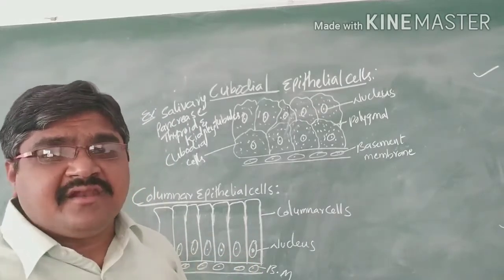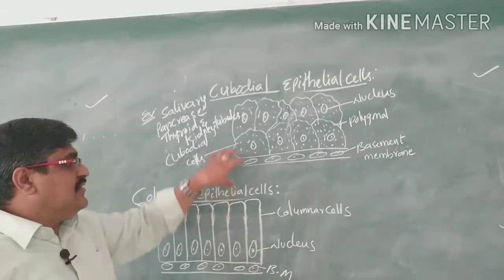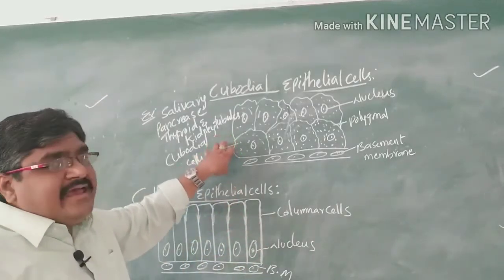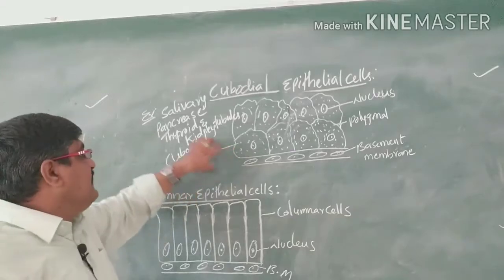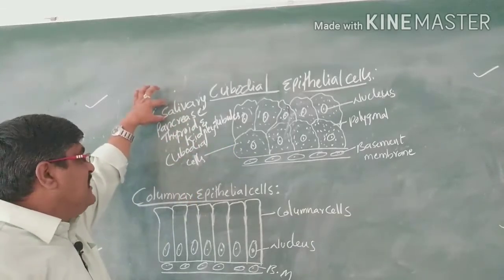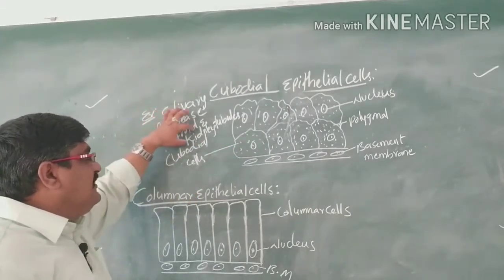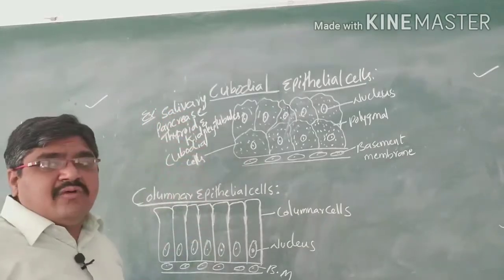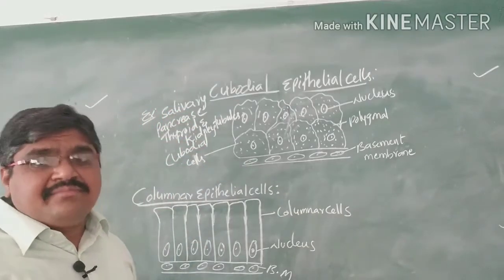They have a centrally placed nucleus, so we call them cuboidal epithelial cells, present in many glands such as salivary, pancreas, thyroid, and kidney tubules.